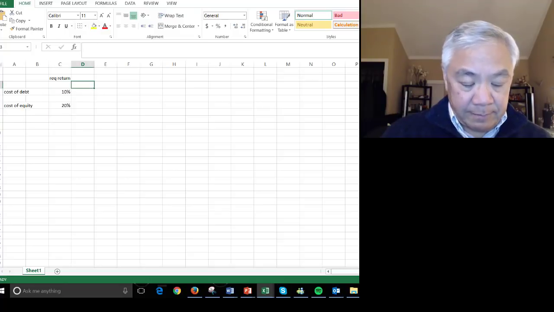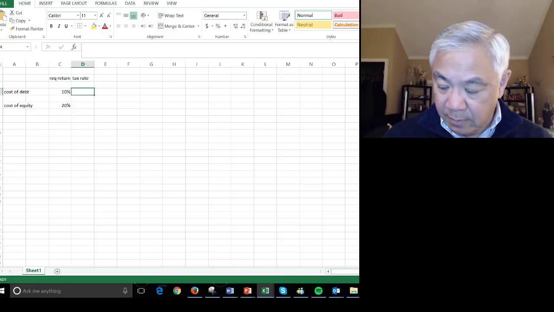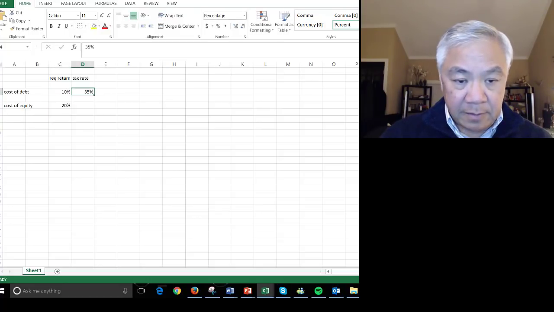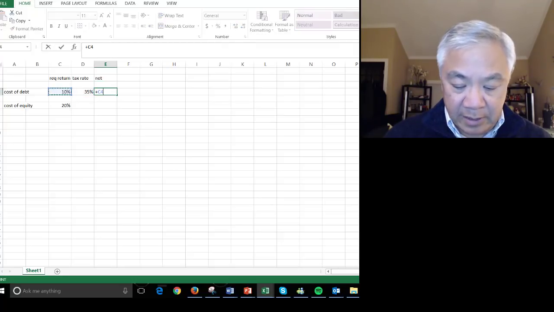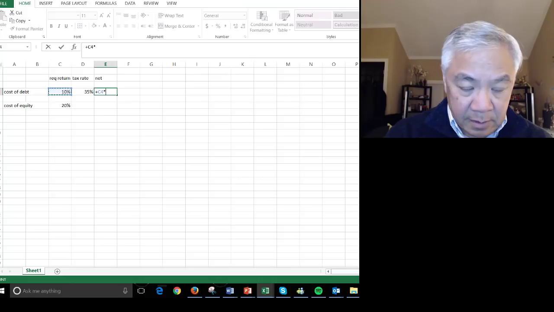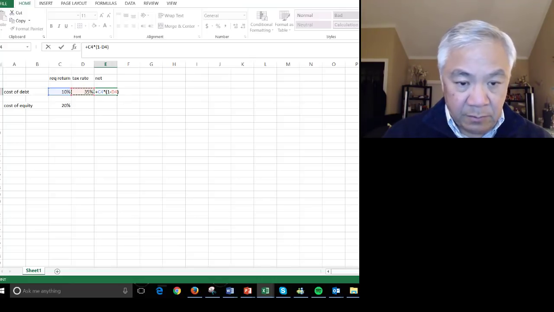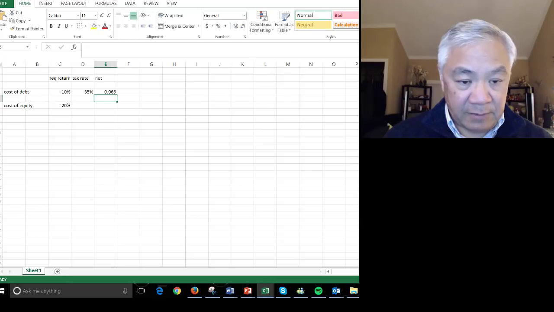And then we have a tax rate of 35%. The net, if you will, here would be plus 10% times 1 minus the tax rate. We'll use that quite a bit, the 1 minus tax rate. And there is no adjustment necessary for equity.